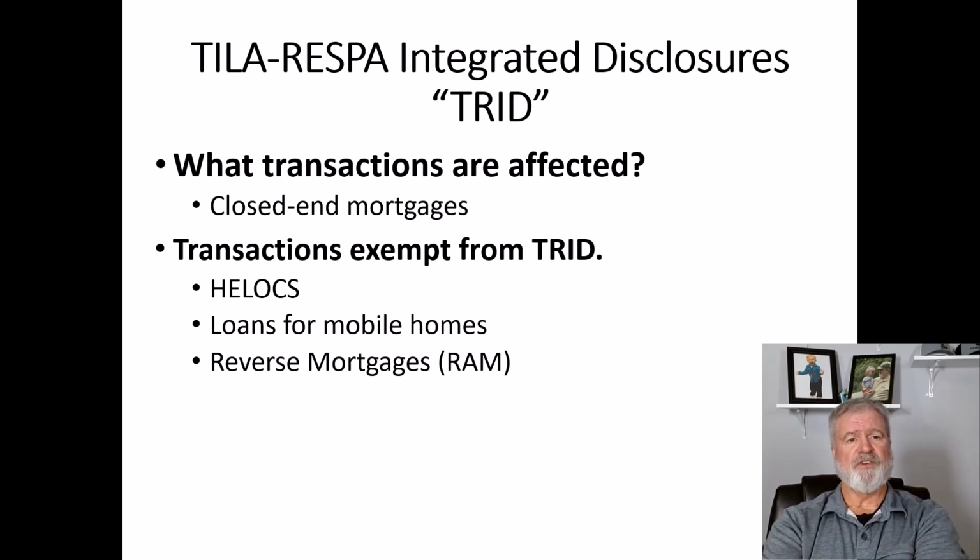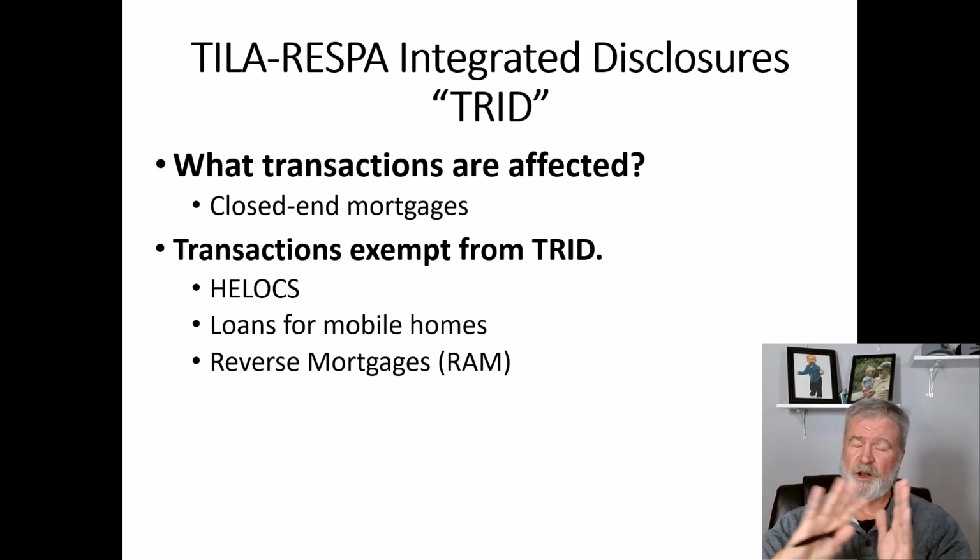So what transactions are affected by these new TRID disclosures? Any closed-end mortgages are affected. Remember, we talked about, again, in an earlier module, the difference between a closed-end mortgage and an open-end mortgage. Remember, a closed-end mortgage is, you make your payments on it. Once you make your payments, the loan goes away.